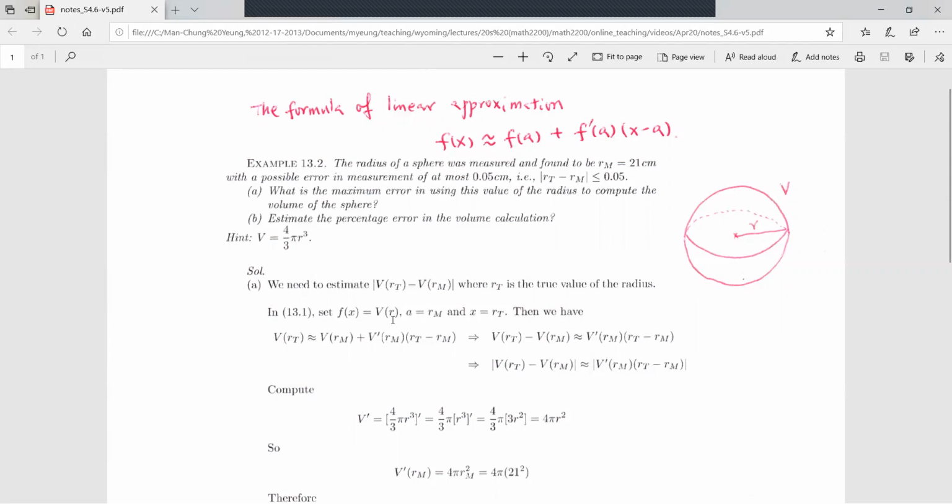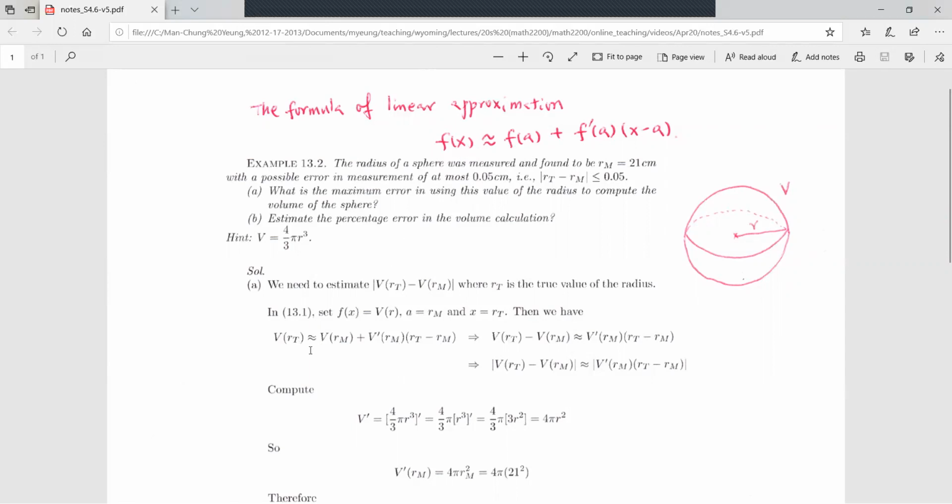I set function f to be the volume. Volume depends on R. It is a function. For the point A, I set Rm, 21. For x, I set the true value of the radius RT.